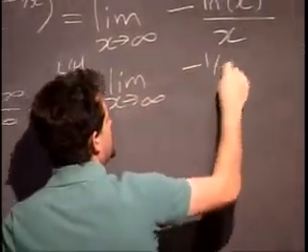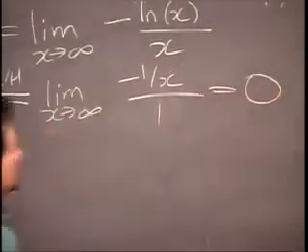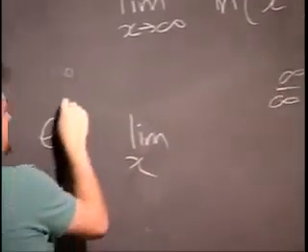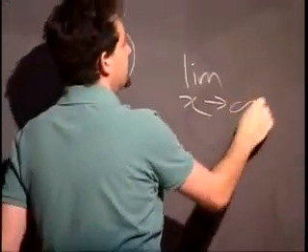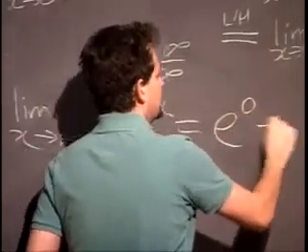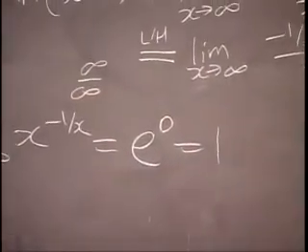And you get minus 1 over x over 1. That limit is 0. So this immediately proves that after taking e to the both sides, you get limit as x goes to infinity of x to the minus 1 over x is e to the 0, which is 1, once again. All right, so here's the deal.